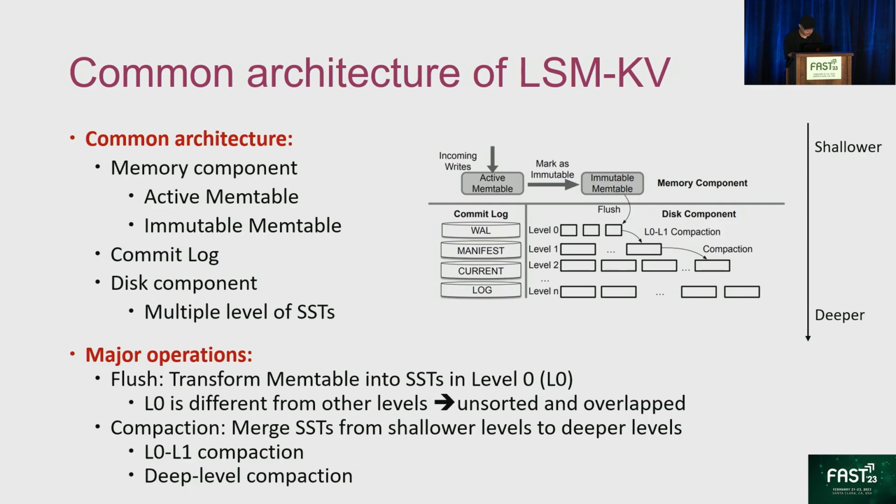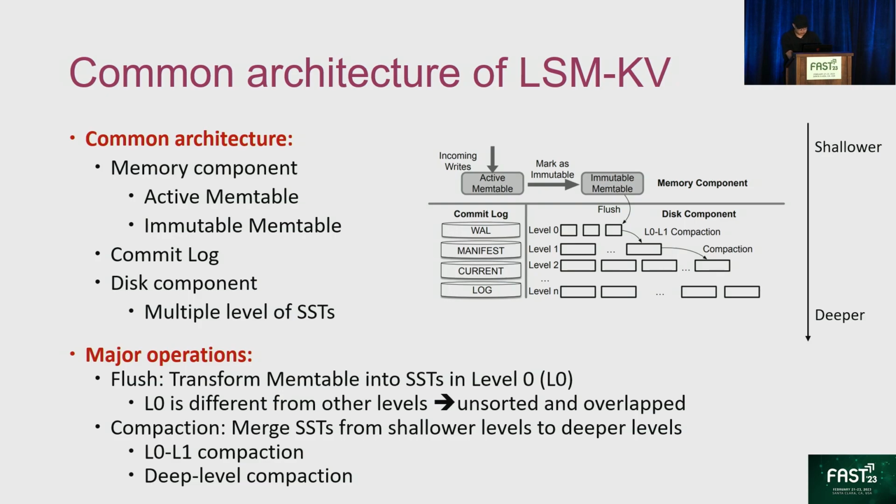There are two major operations working in the background of an LSM-KV system. The first is the flush, which transforms the immutable mem table into level 0 SS tables. And since these level 0 SS tables are directly flushed, this level is different from other levels, which is unsorted and overlapped.